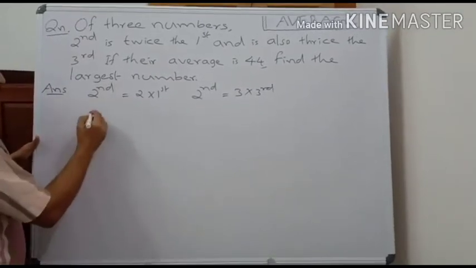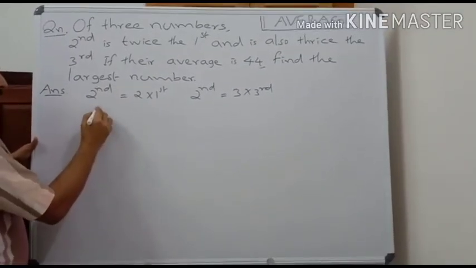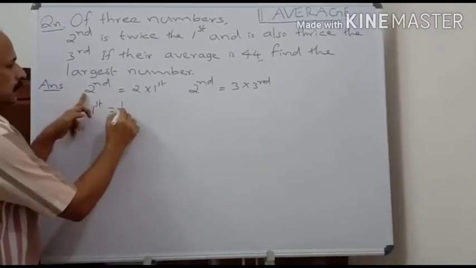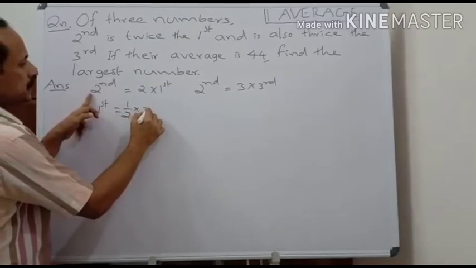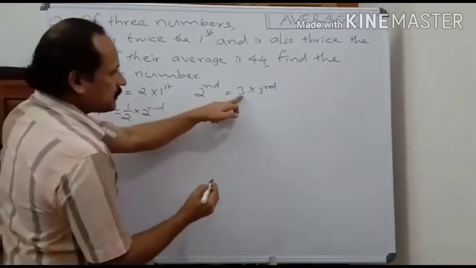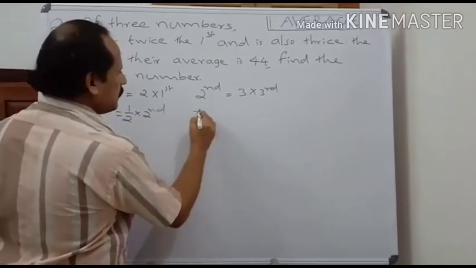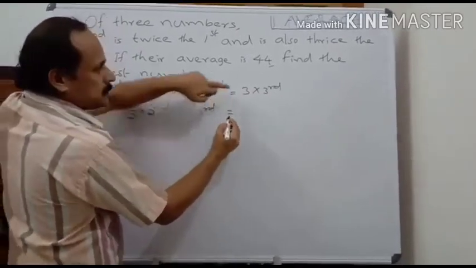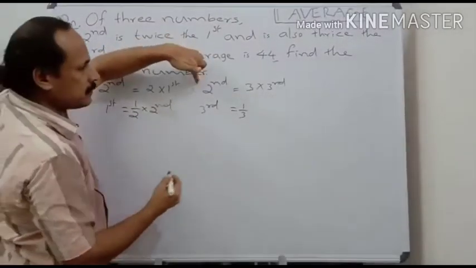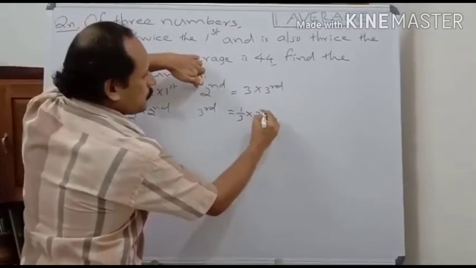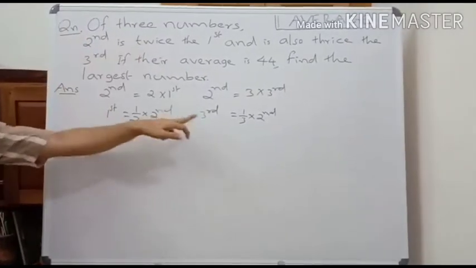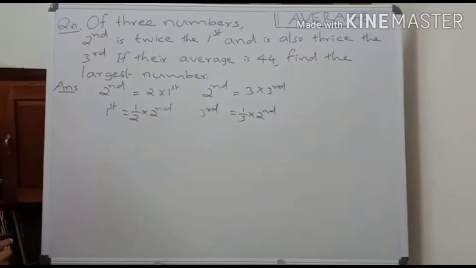And from this we can write first number equals 1 by 2 into the second number. And from this one, the third number equals 1 by 3 into the second number. From the given relation, we found these two relations.